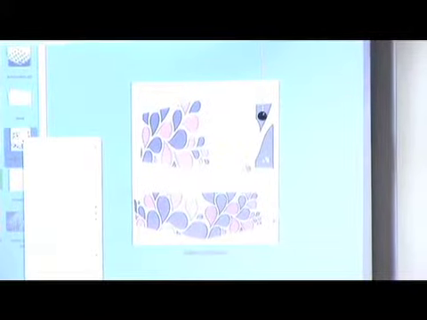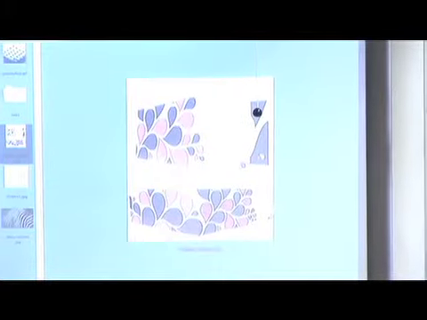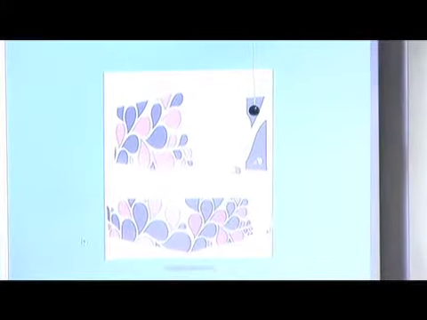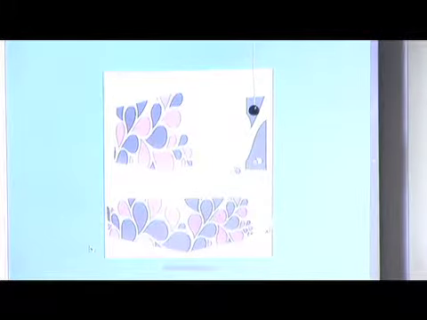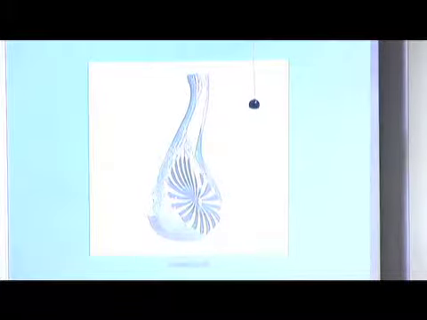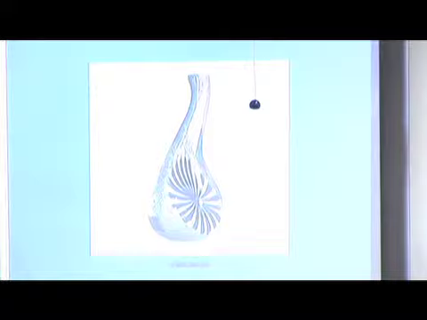If you look at this design here, they're kind of precise, but it's still organic. So these are some examples of organic shapes right here. What about here?